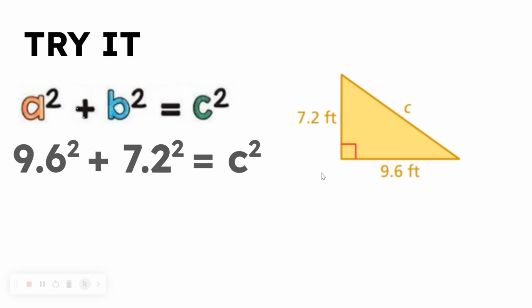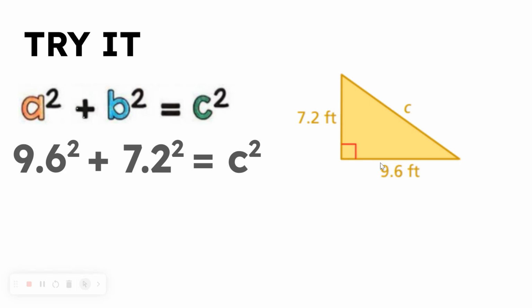Let's try this one, and it may have freaked you out because it has decimals, but it's still going to be the exact same process. Just because they're decimals doesn't mean you can't square them or take the square root. A squared plus B squared, we need the legs of our triangle. The legs create the 90-degree angle.